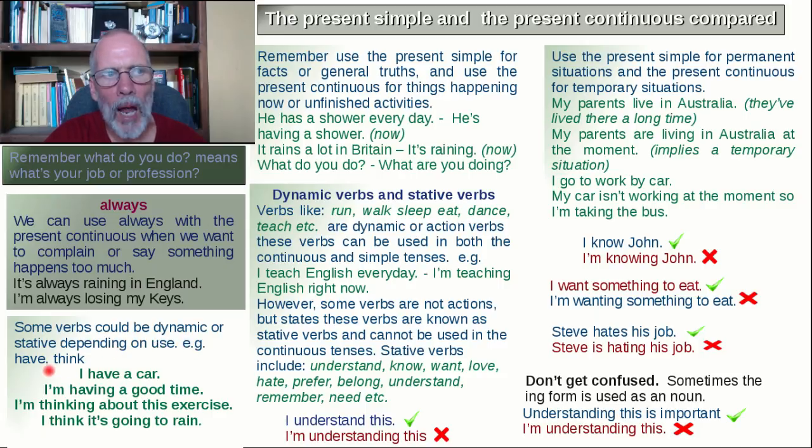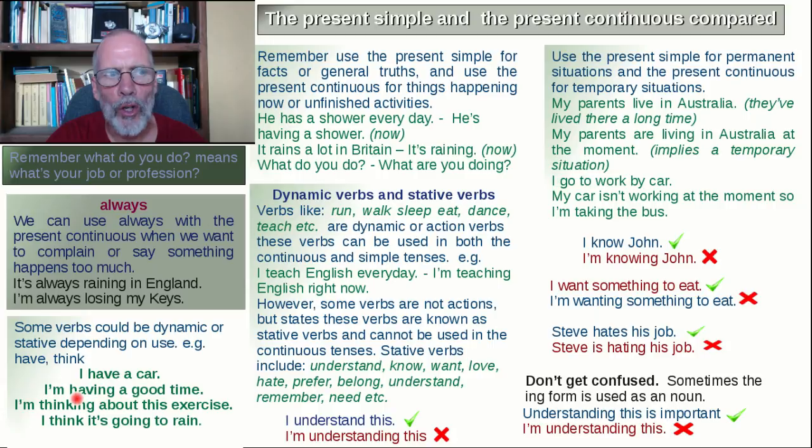For example, have and think. Some verbs obviously have more than one meaning. Have. I have a car. This is in the simple tense. You cannot say I am having a car because have, when it's used for possession, is a stative verb. But you could say I'm having a good time.